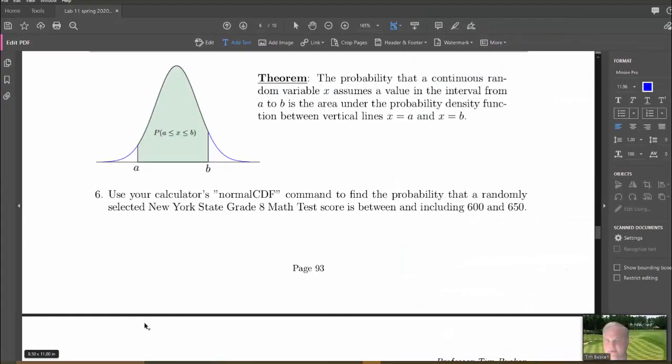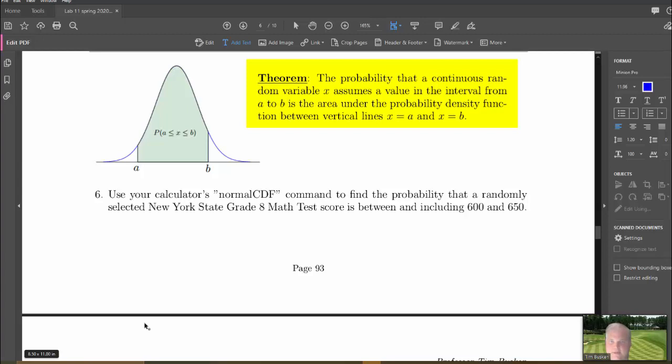That brings us to the more important things that we've got to do in this section. One big game that we play in this section is using normal curves to find probability. That's because we have a theorem that's been proven, and we use calculus to prove it.